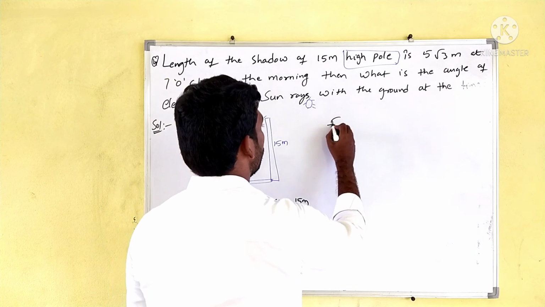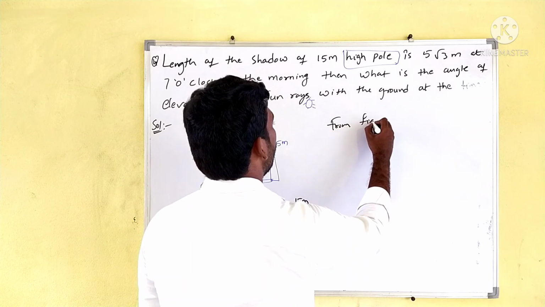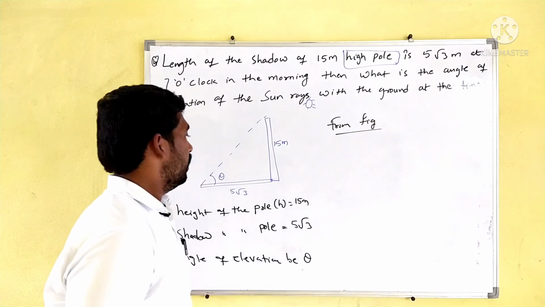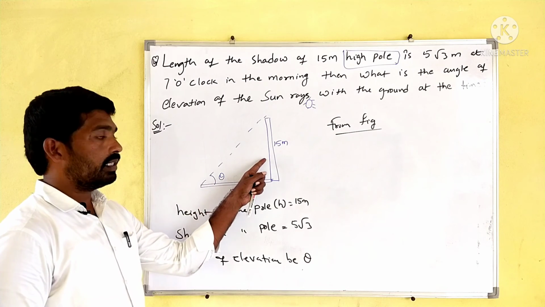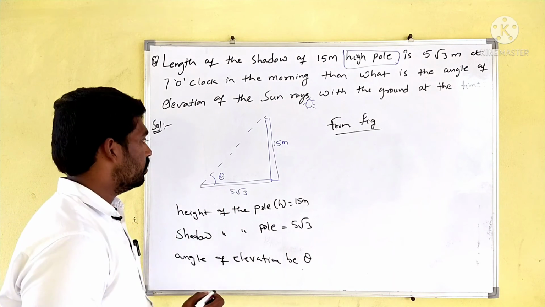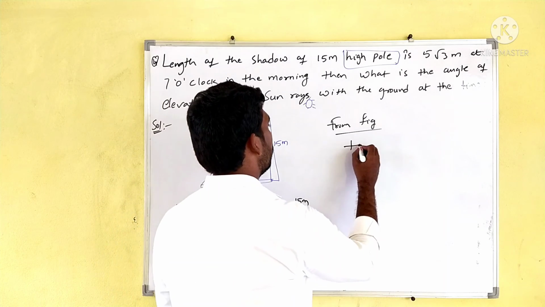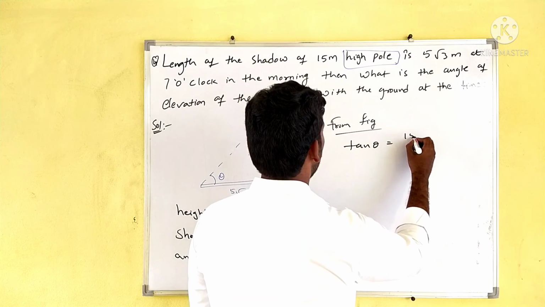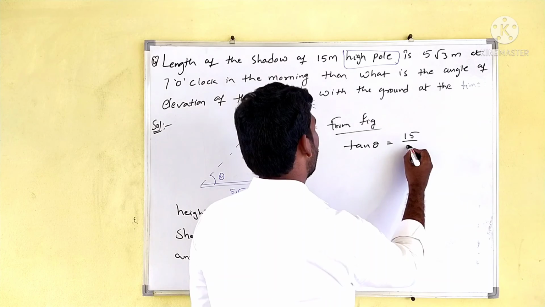From the figure, you are observing that the opposite side and the adjacent side are there. Which trigonometric ratio should we use? The tan ratio: tan theta equals opposite side over adjacent side, 15 by 5√3.